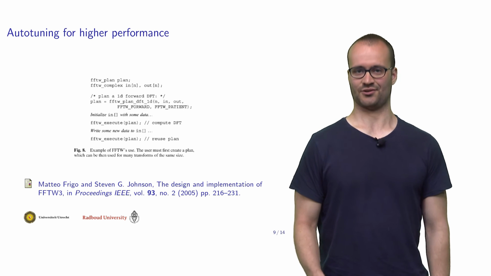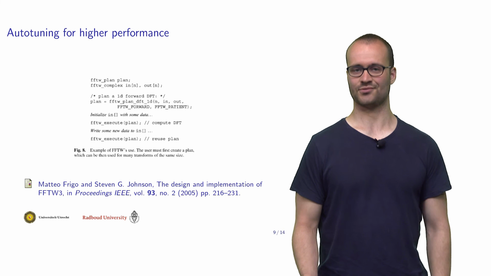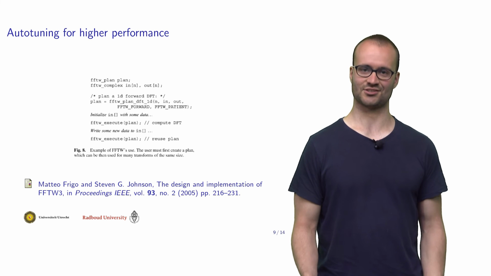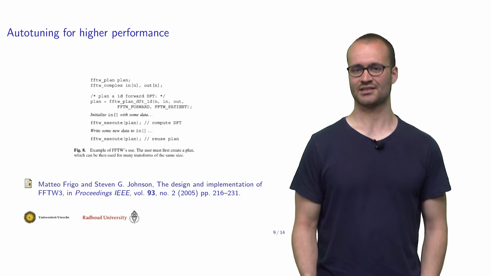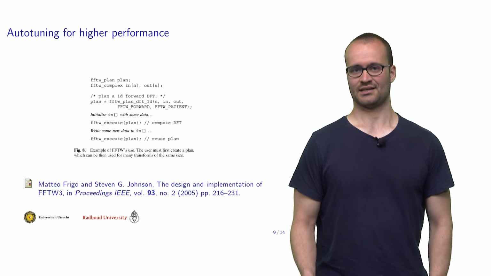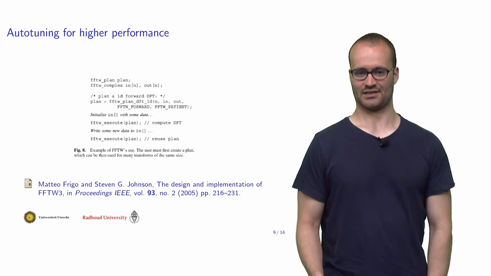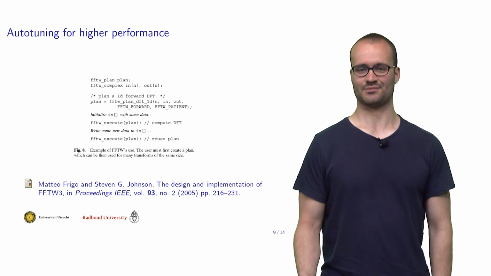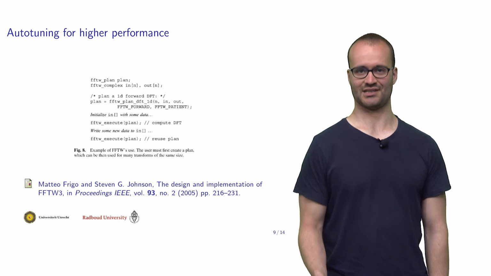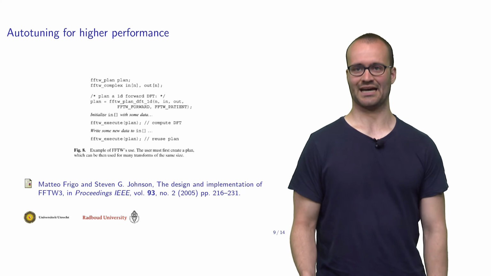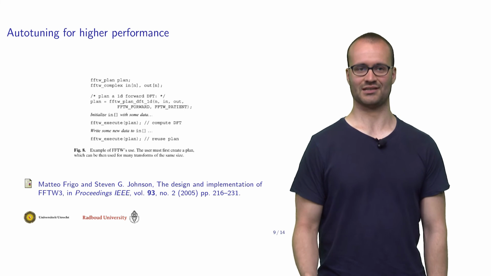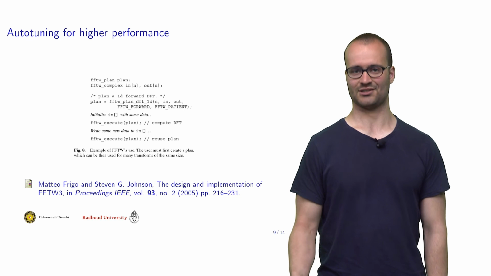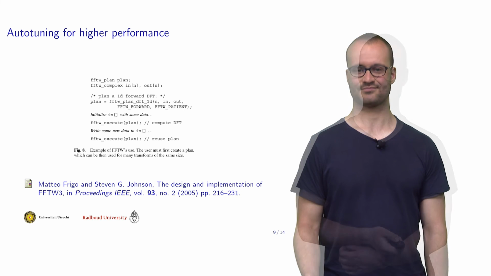It depends on your machine which algorithm and which codelets, which is the name for these small FFTs, are the quickest. Therefore, there is some planning done, some runtime measurements on your machine, which is called the FFTW plan. And when this has been computed, you can use this scheme to do as many FFTs as you want.